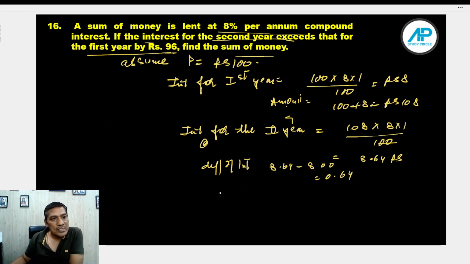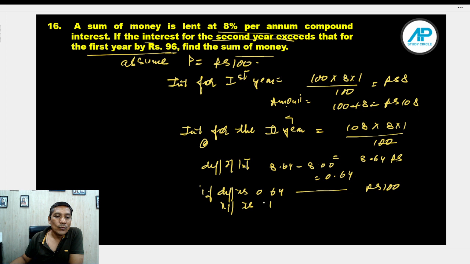So what we can do is that if difference is 0.64, principal is rupees 100. If difference is 1, then principal is 100 upon 0.64.